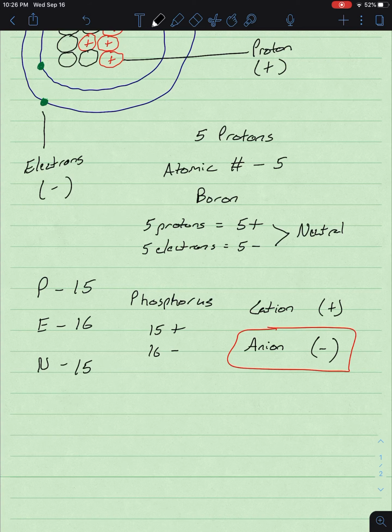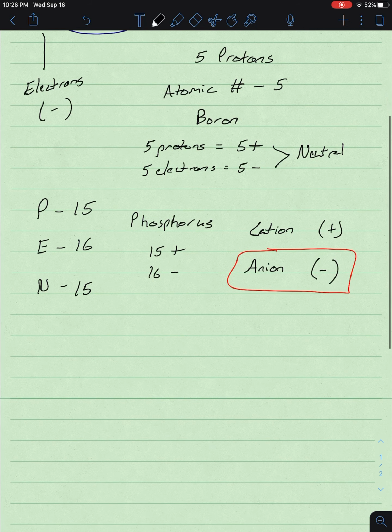Okay, so let's try another example. I'm going to do my pin number. So I have 20 protons, 20 electrons, and 21 neutrons. Let's look up what kind of atom it is, which element it is. I would look up the number 20 on the periodic table, and that gives me calcium.